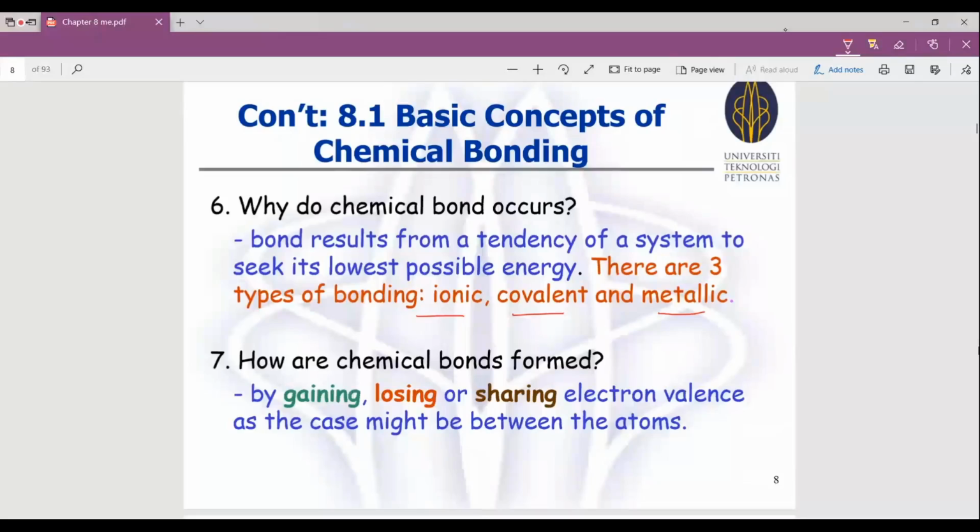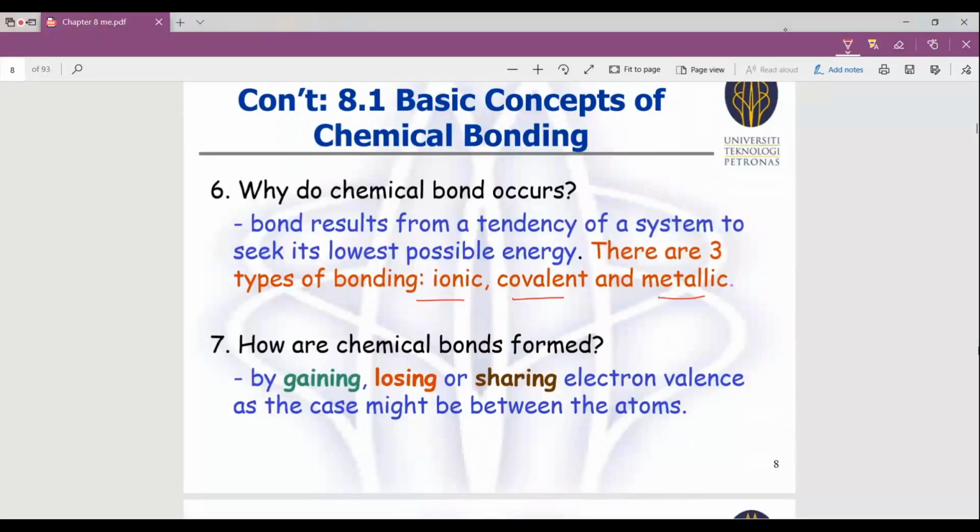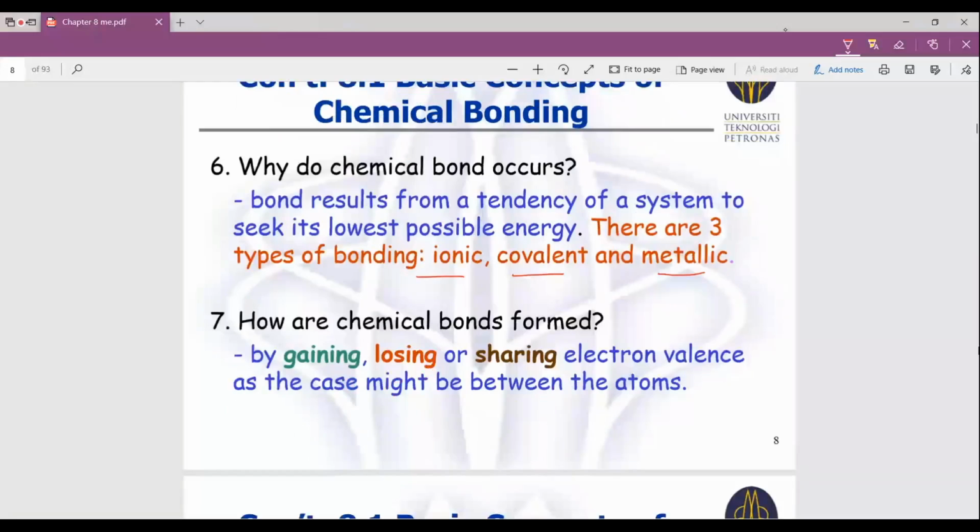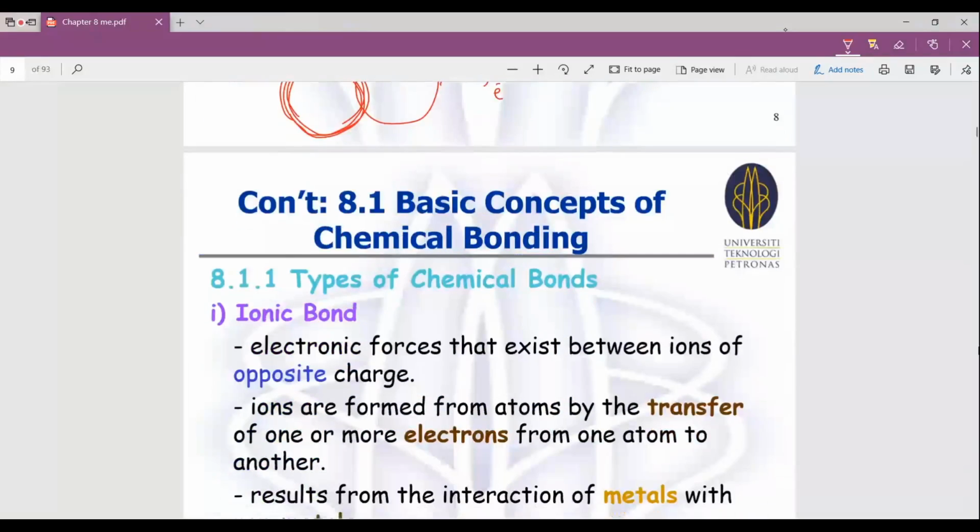How are chemical bonds formed? By gain or loss, or by sharing of valence electrons between atoms. So keep in mind that bonding always involves the valence electrons. The shell involved in chemical bonding is the valence shell, where valence electrons are shared or transferred.